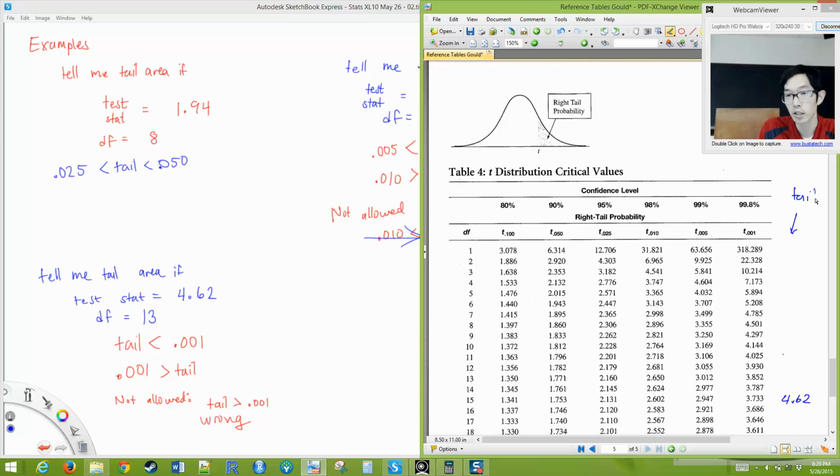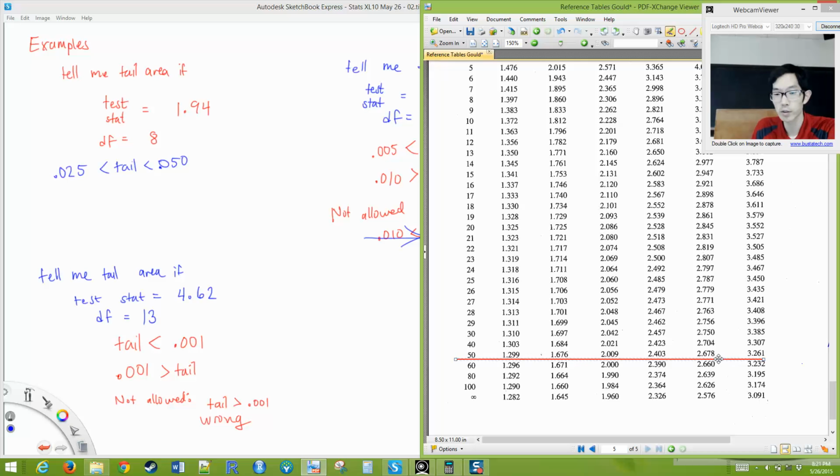Don't get confused, but the closer your test statistic is to 0, the more you have in your tail area. The farther you get away from 0, the less you have in your tail area. So at 4.62, we're further away than 3.787. That puts our tail area smaller than 0.001. Is that okay with everyone? I hope.